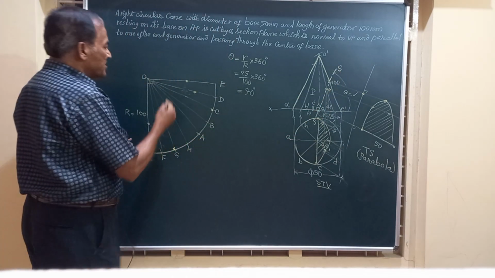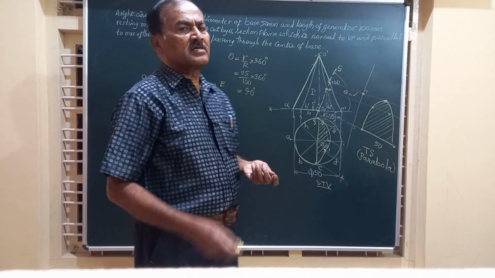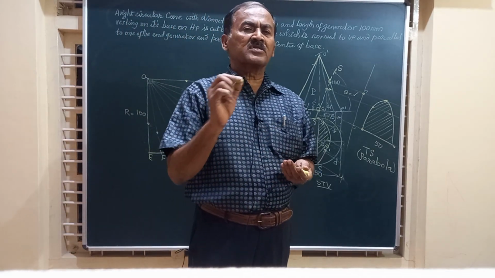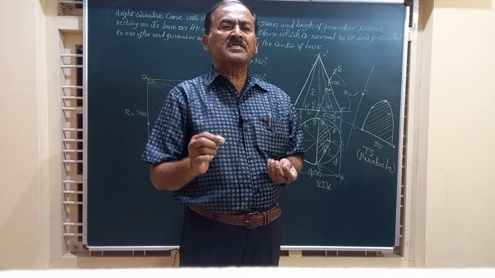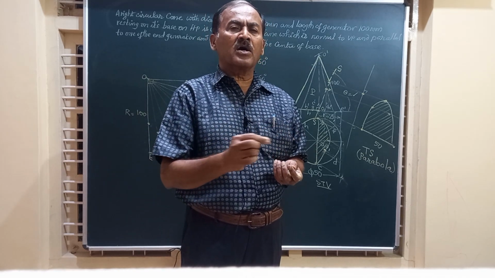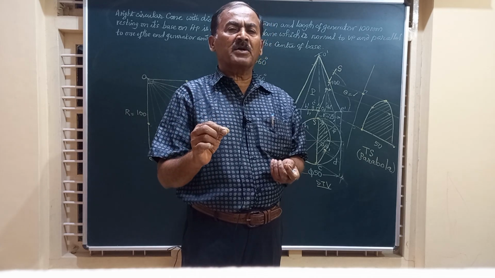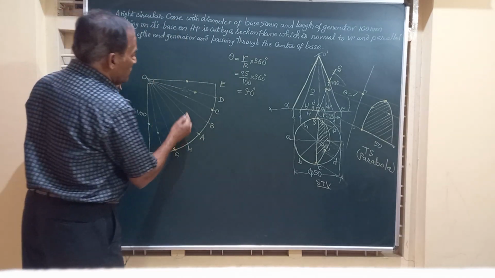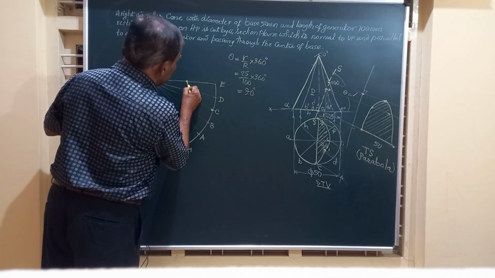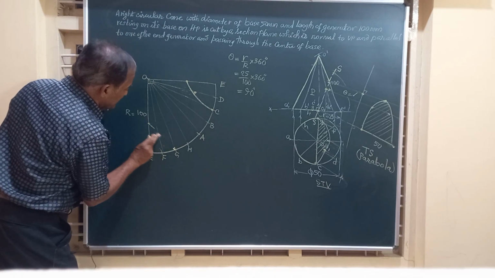So friends, we have got these points, and you know very well, for the cylinders and cones, the points so obtained either in section of cone or cylinder or in the development have to be joined by a smooth continuous curve. So friends, I am going to join this like this, and again this side I am going to join it.